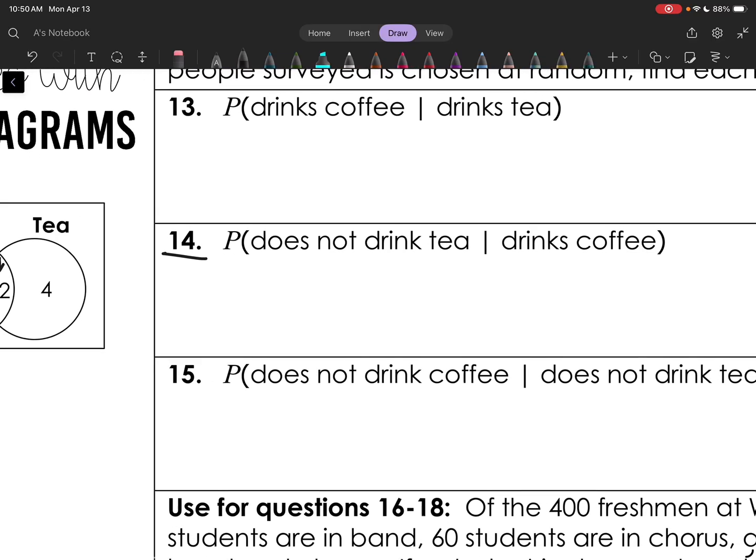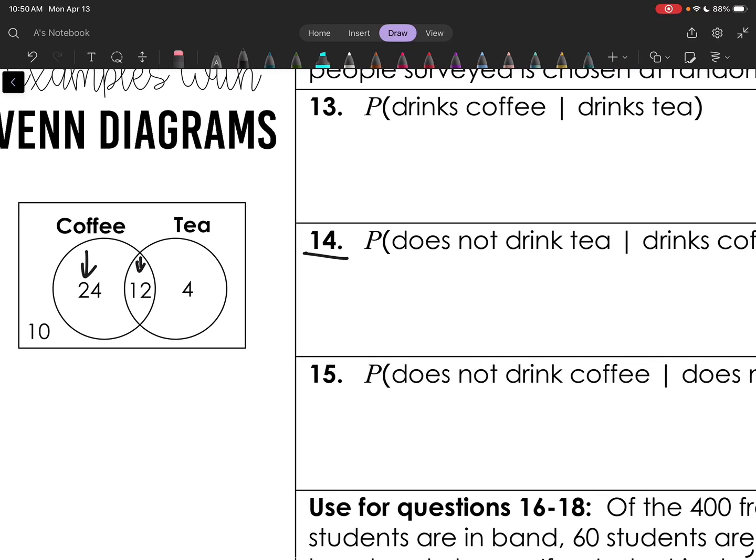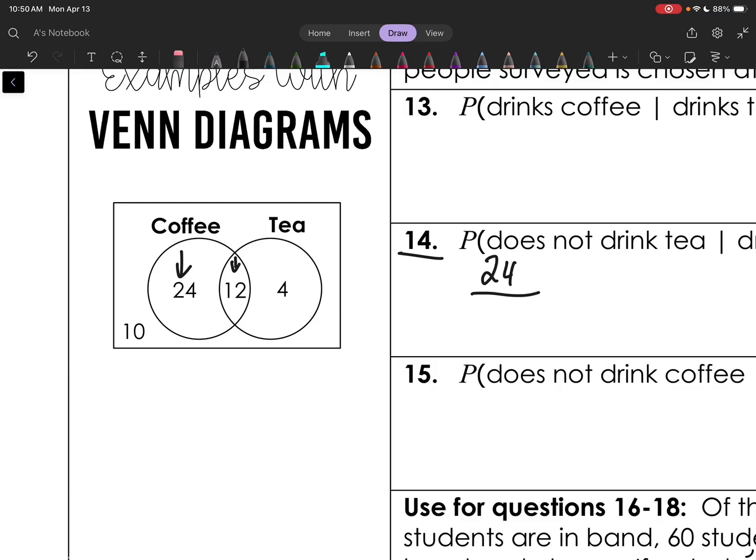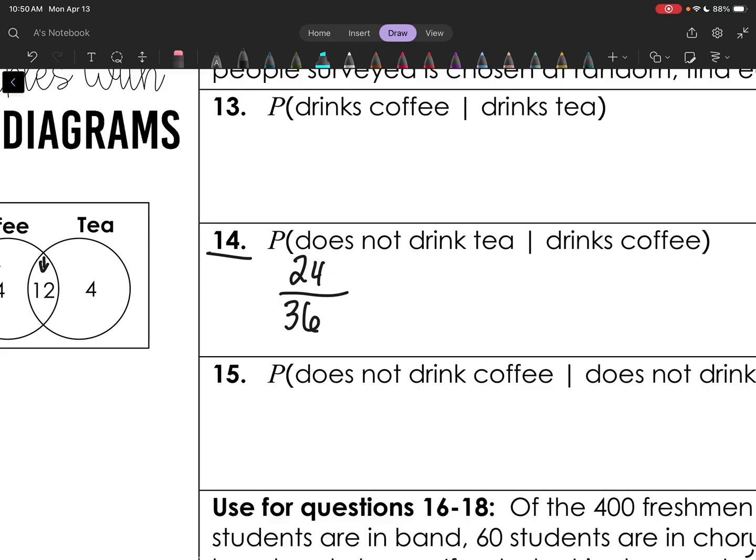So if I know I'm drinking coffee, I know 24 are not drinking tea. How many people drink coffee? This is 24 plus 12, 36. This is 2/3, so about 67%. Try 13 and 15.